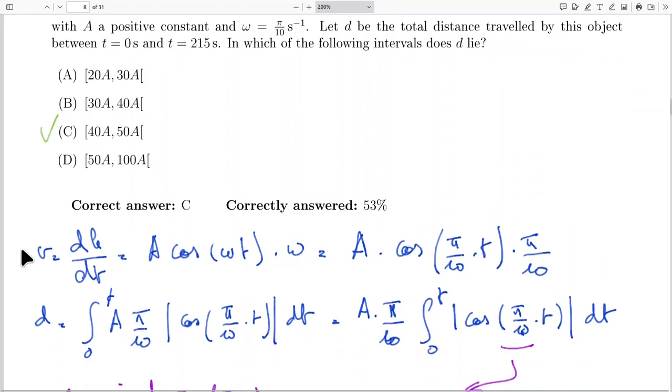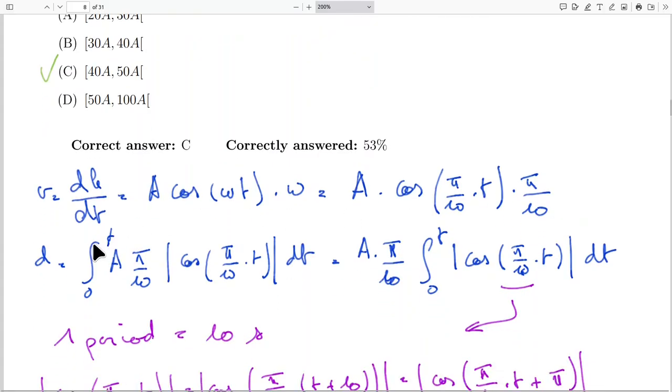Right, so to get the speed of this thing, we'll have to differentiate this. The derivative of h with respect to t gives us a cos(ωt) times ω, or a cos(π/10 t) times π/10.